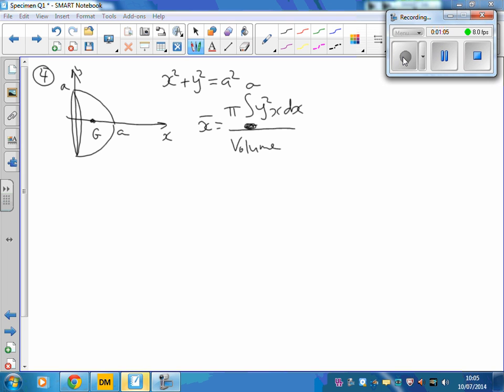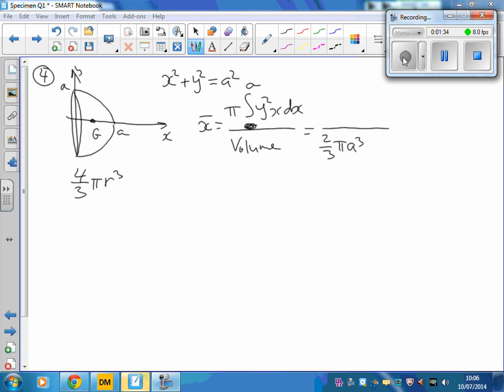Now, to find the volume of the hemisphere, you can either use the expression for the volume of a whole sphere, which is given by 4/3 pi r cubed, so we only need to halve it. Therefore, we'll have at the bottom of our fraction 2/3 pi a cubed.